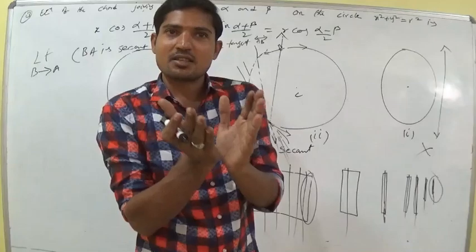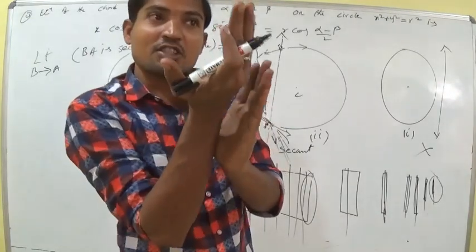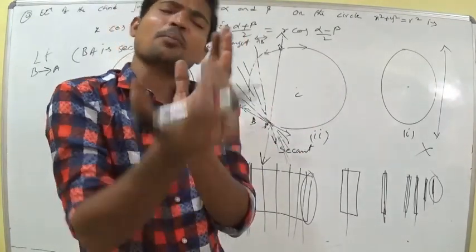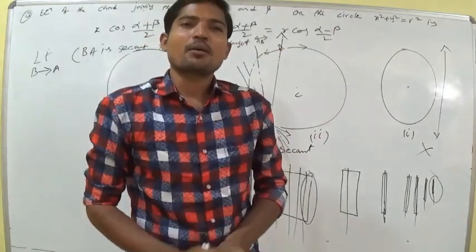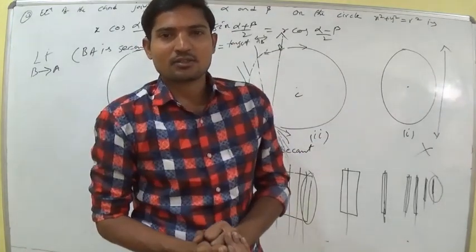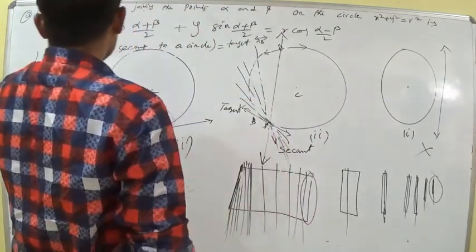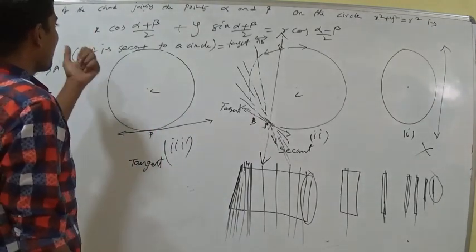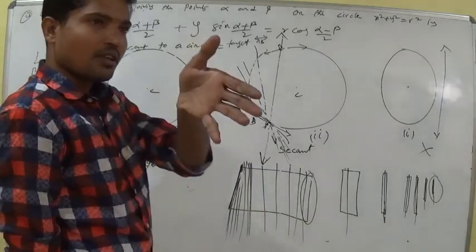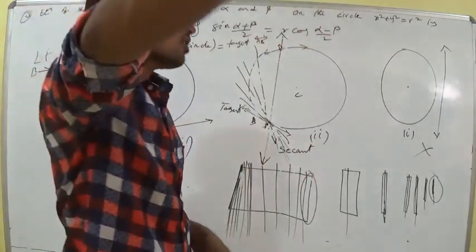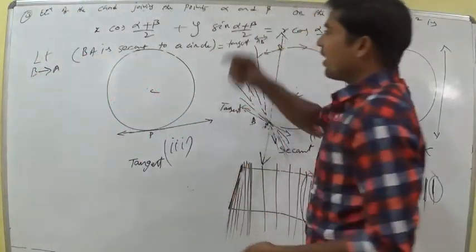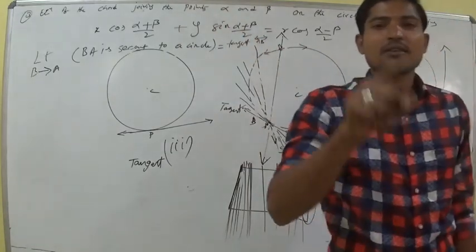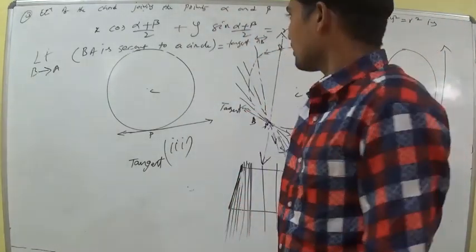Before that it is a secant, then as B approaches A, it becomes a tangent. So limit B tends to A, where BA is a secant to a circle, is equal to the tangent when B approaches A. Right?